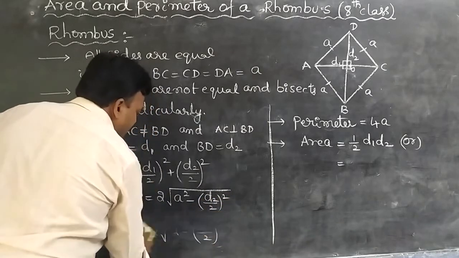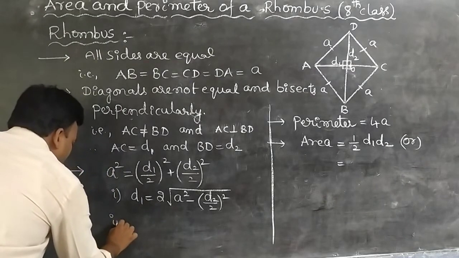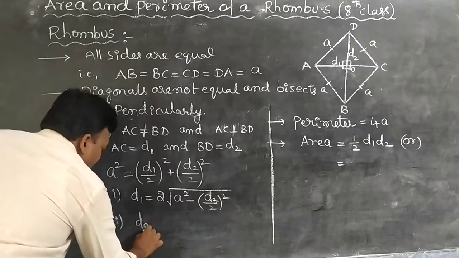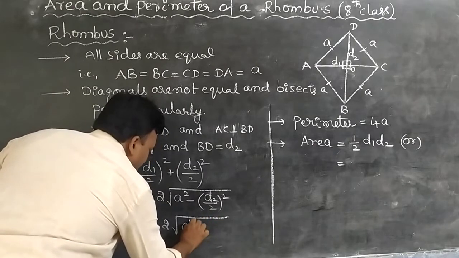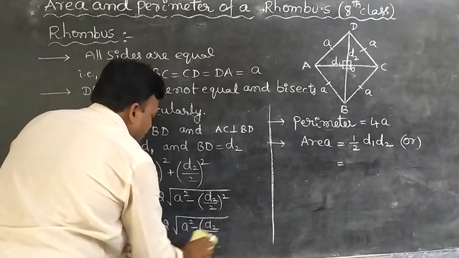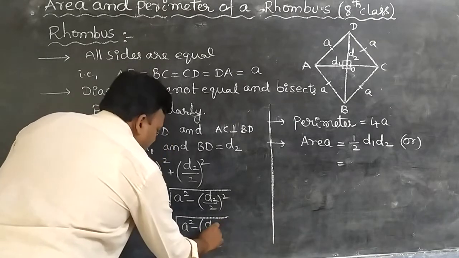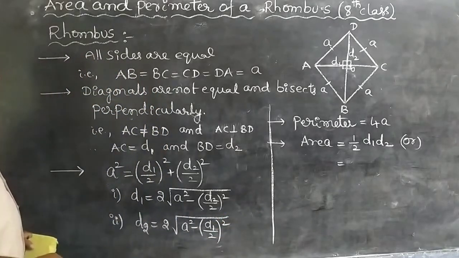So, on number 1 here, D1 equals 2 into square root of A square minus (D2 by 2) whole square. Or interchange D1 and D2, then number 2: D2 equals 2 into square root of A square minus (D1 by 2) whole square.